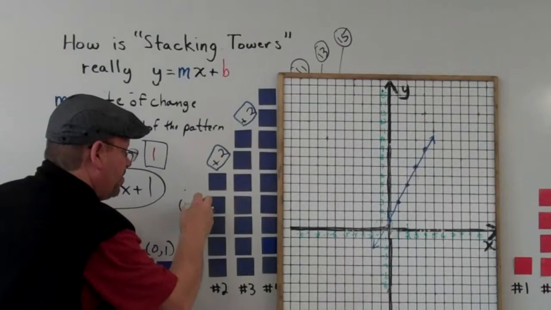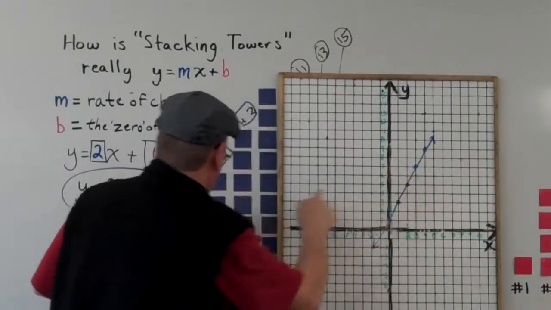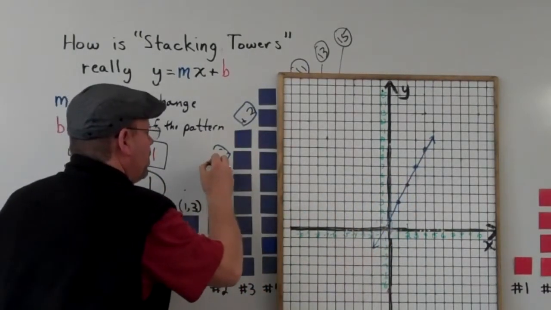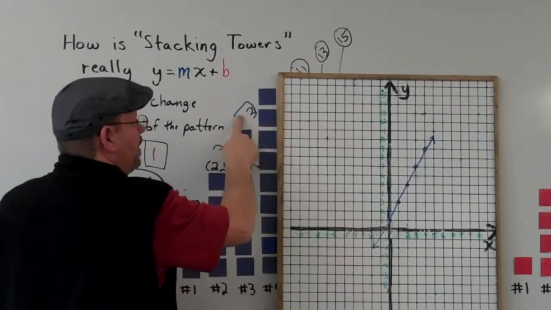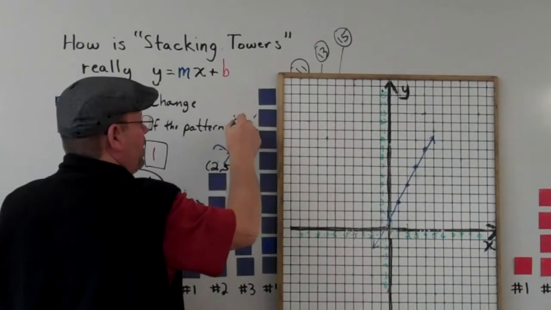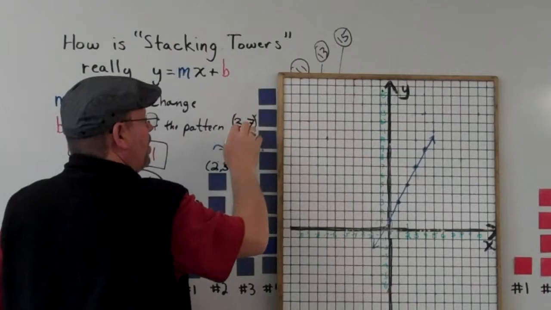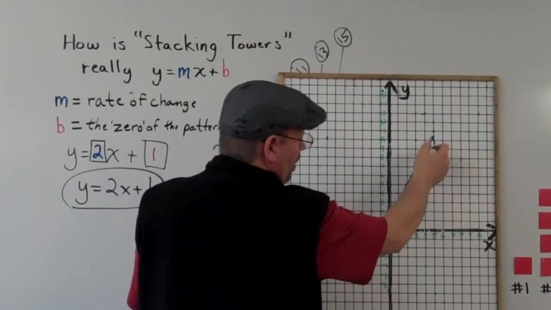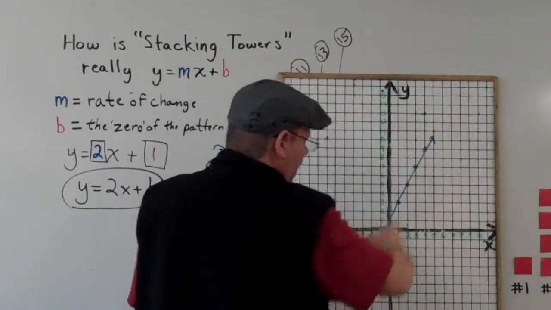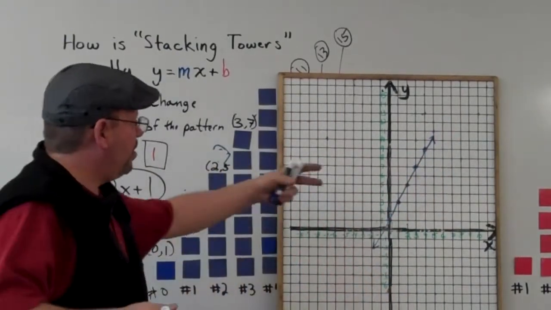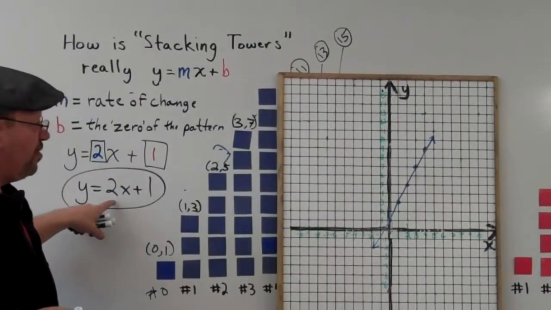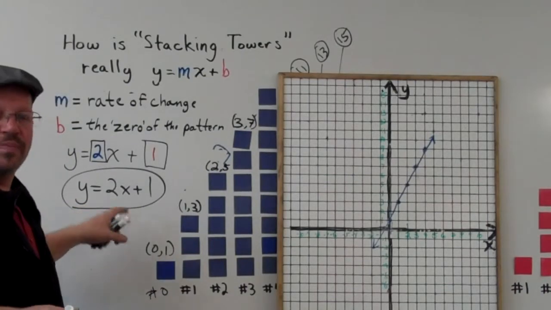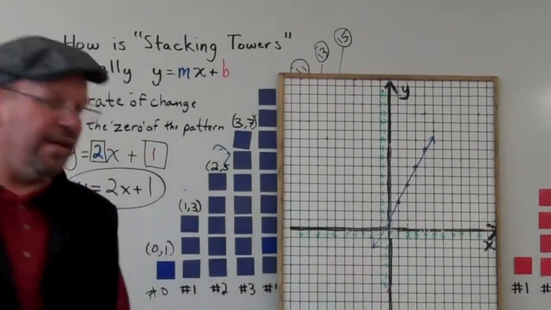Tower number 1 is 3 high. 2, 5. Any guesses on what this one would be? Absolutely. We could go on and do this over and over. If we plot these points and draw a line through them, this is the graph of y equals 2x plus 1.